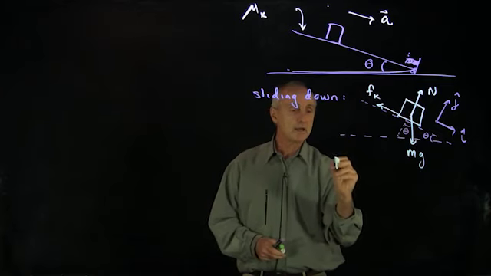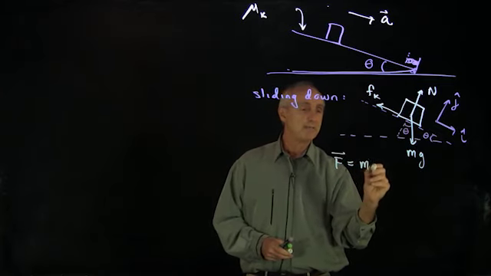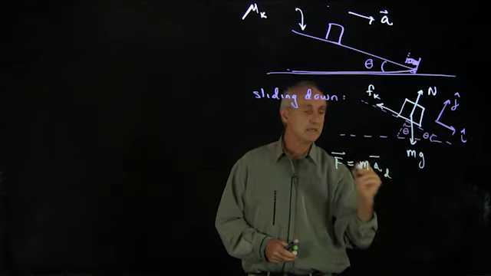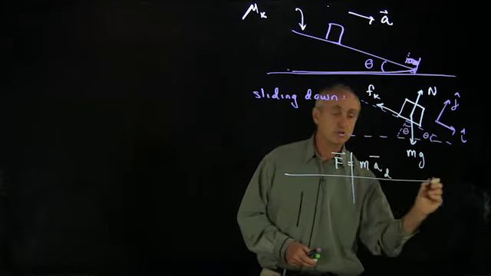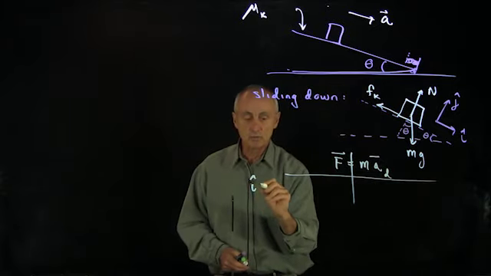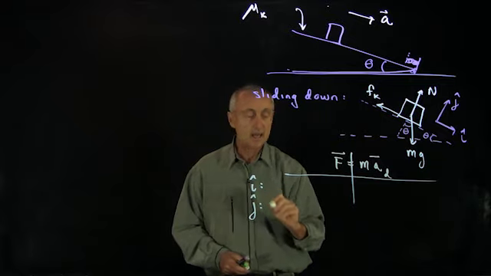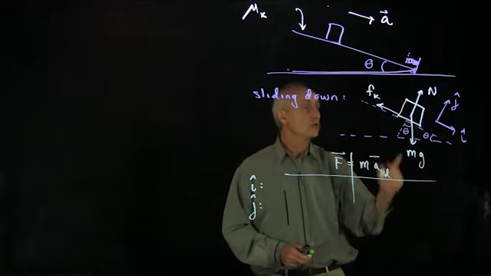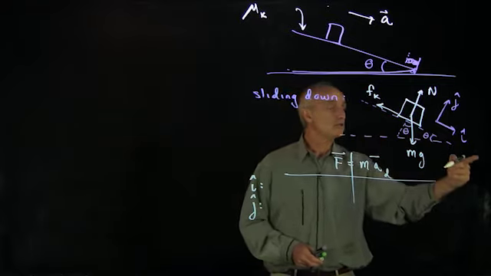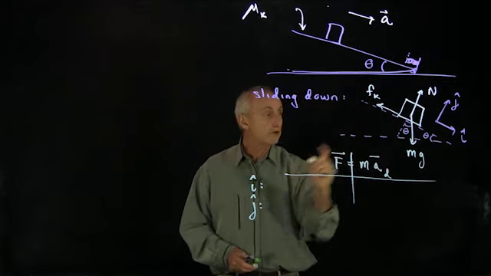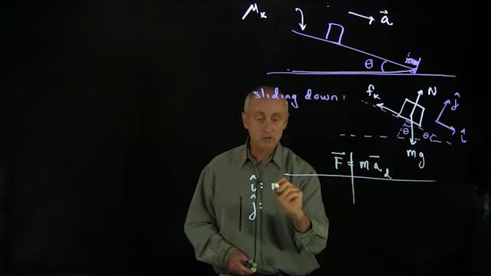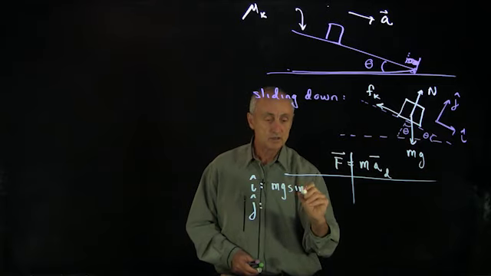So we'll write down F equals ma, and I'm going to indicate a d for the acceleration downwards. And we have two directions to analyze, the i hat and the j hat directions. So in the direction tangent to the surface, we have a gravitational force downward, mg sine theta.